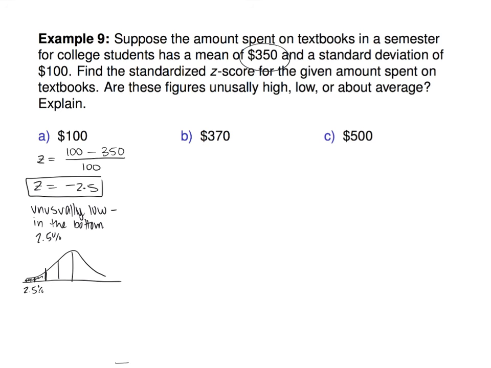370 is pretty close to 350, so it seems like that probably is going to be about average, and that's explained by the z-score as well. So z is 370 minus 350 over 100, which works out to be 0.2, which means you're just a little bit above average, so really about average.